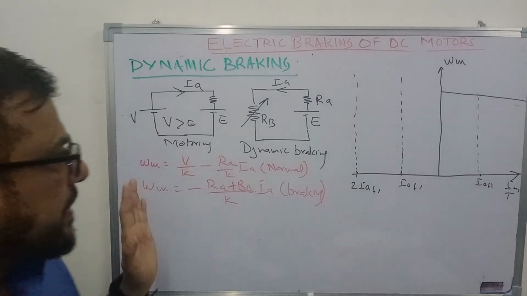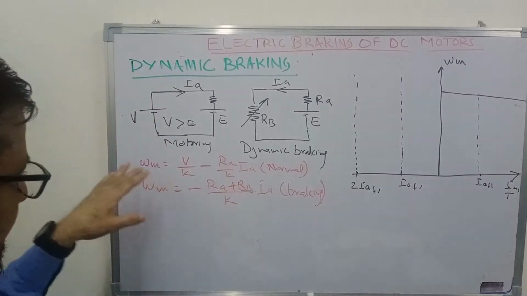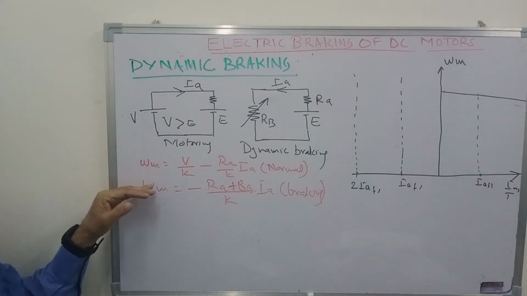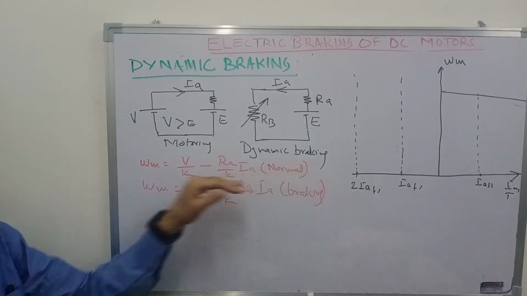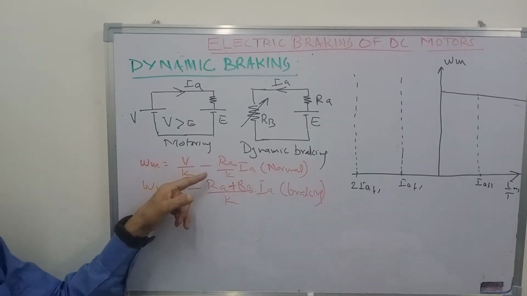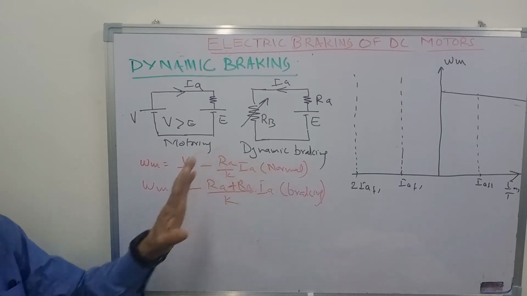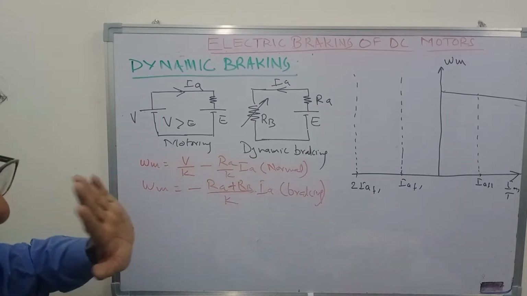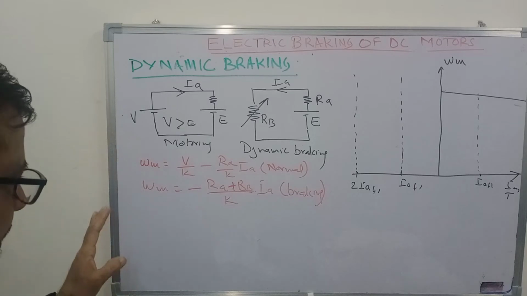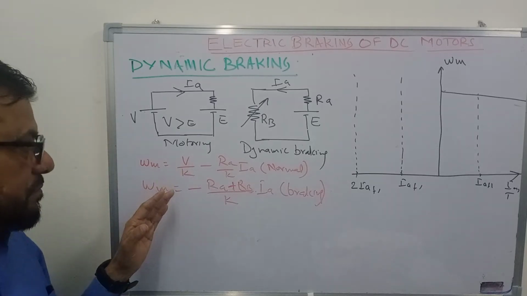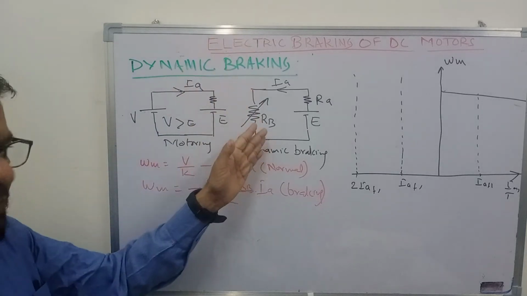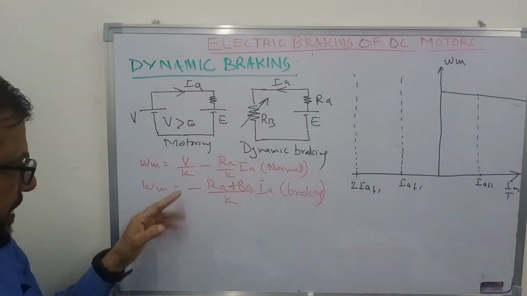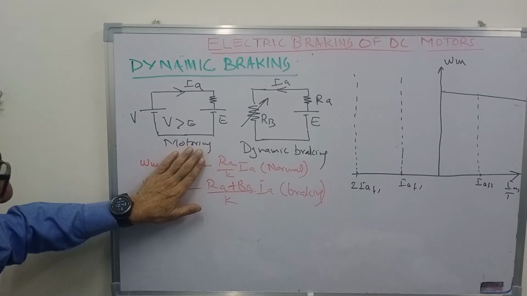So what happens is that the equation for the speed versus current in the normal operation is like this: V upon K minus RA upon K into IA. So this is the normal case equation of speed. Now when we reduce the voltage to 0 and short circuit it by some braking resistance, then this term will become 0.